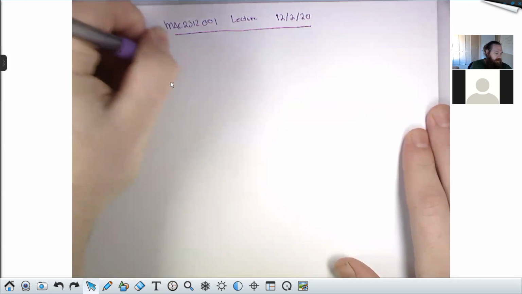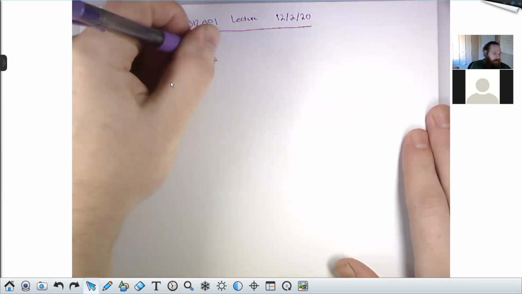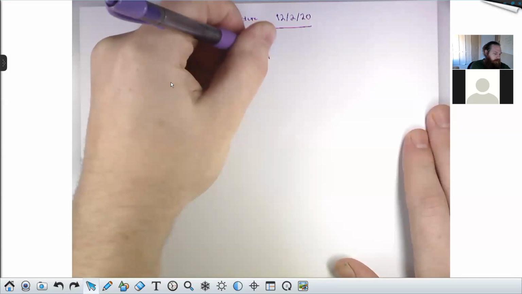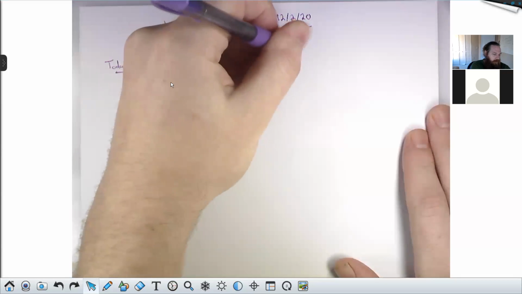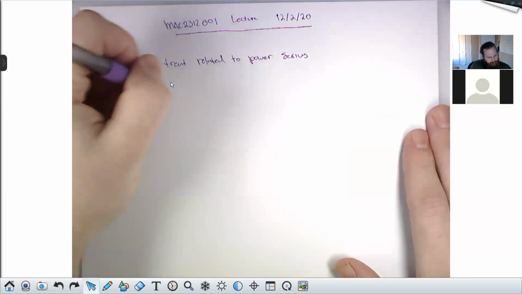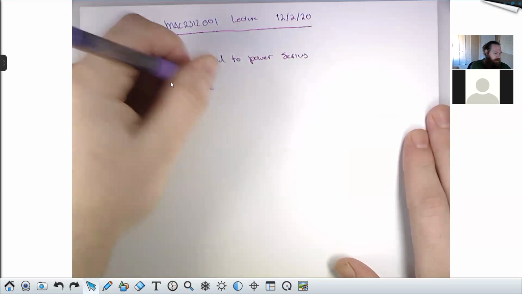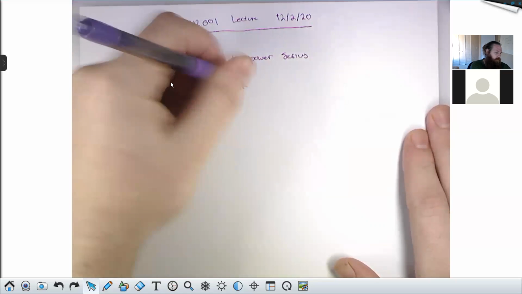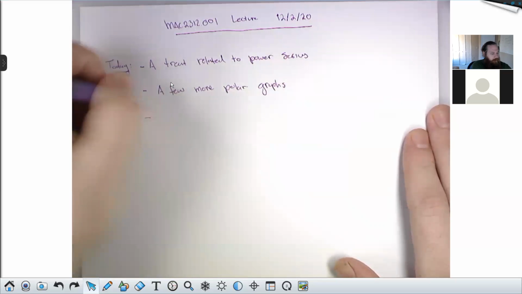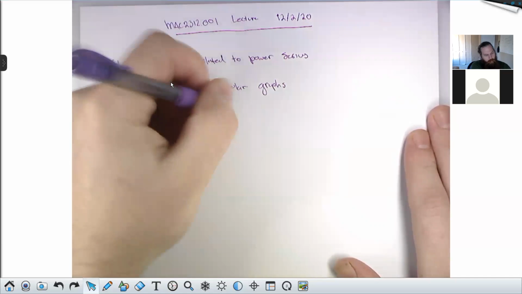I have a treat related to power series. A few more polar graphs. And we're going to talk about areas in polar coordinates.